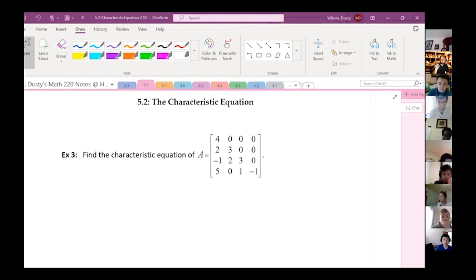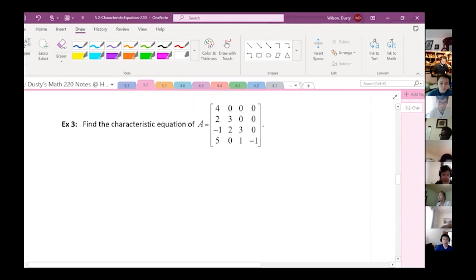So today connects directly with the reading a little bit. So in example 3, I'm going to begin by finding the characteristic equation of A equal to this matrix. Can you tell me any special features of this matrix? See something special about it?